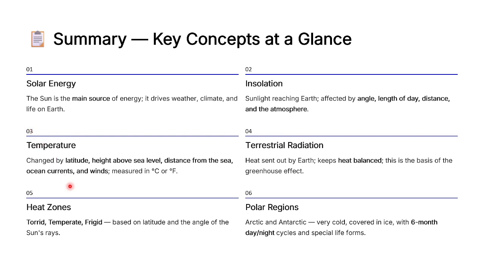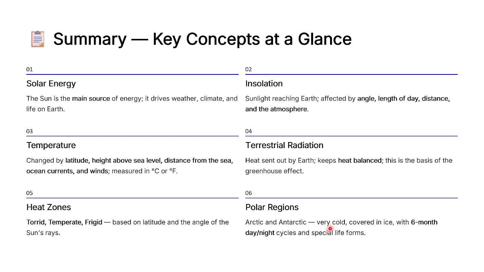Temperature is changed by latitude, height above sea level, distance from the sea, ocean currents, and winds, measured in Celsius or Fahrenheit. Terrestrial radiation: heat sent out by Earth keeps heat balanced. This is the basis of the greenhouse effect. Heat zones: torrid, temperate, frigid, based on latitude and angle of the sun's rays.